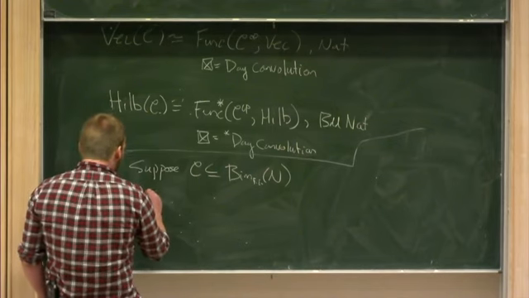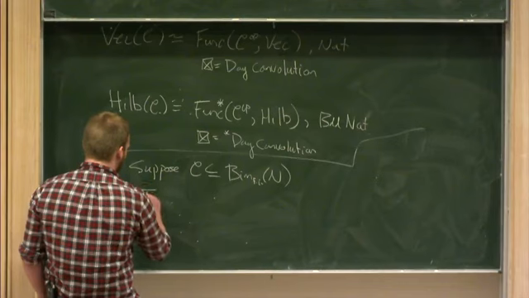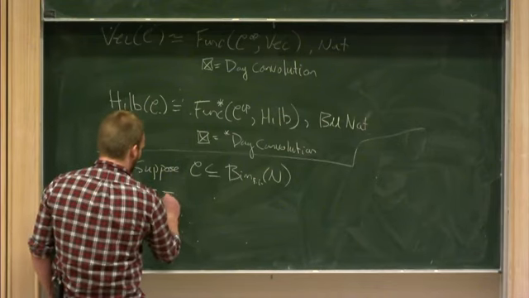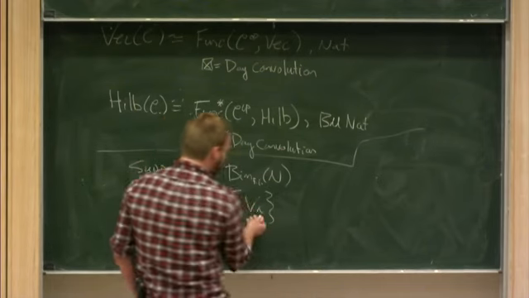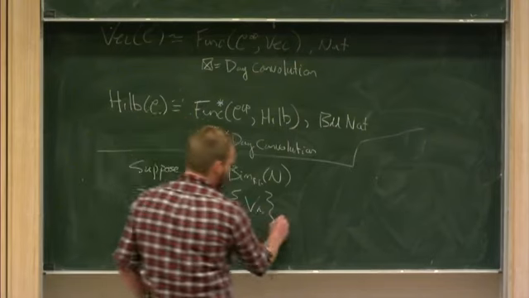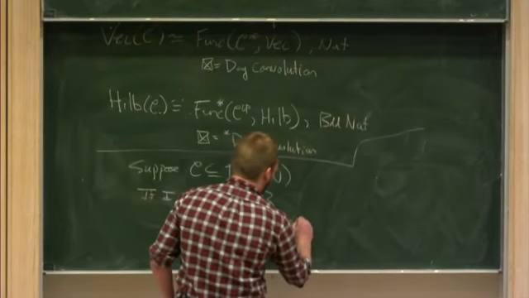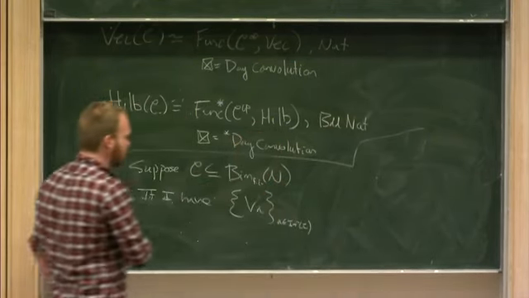So suppose I have a sequence of arbitrary vector spaces V sub A, indexed by irreducible objects, some choice of irreducible objects in my category.